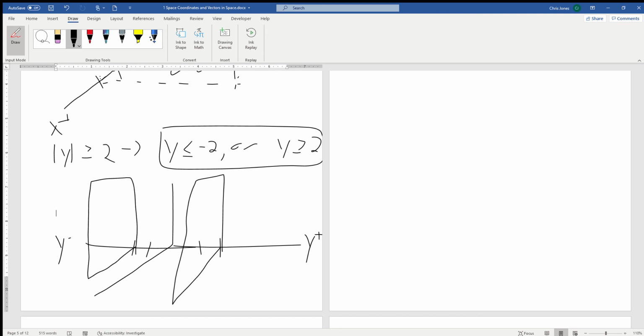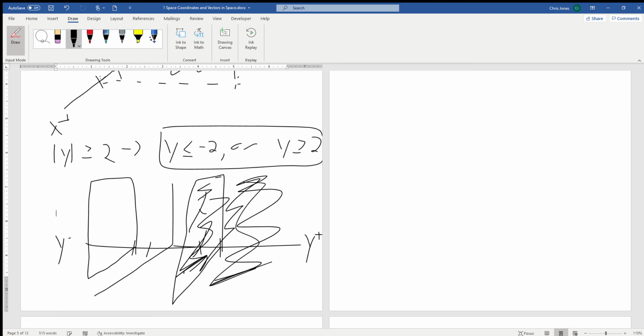Okay. Now this time, it says that y is less than or equal to -2, or y is greater than or equal to 2. So that means it's everything to the right or on the plane. All right, so we're looking at this volume, and that represents y is greater than or equal to 2.